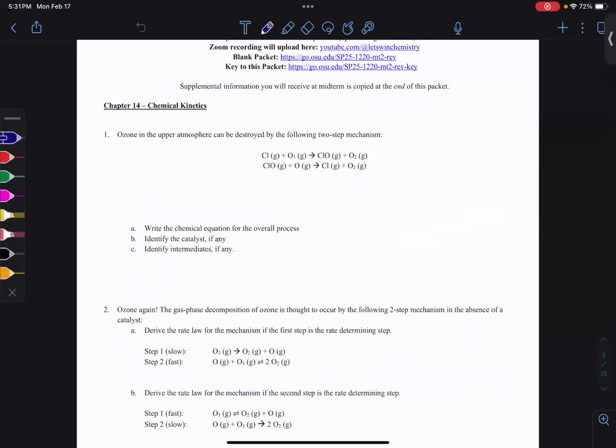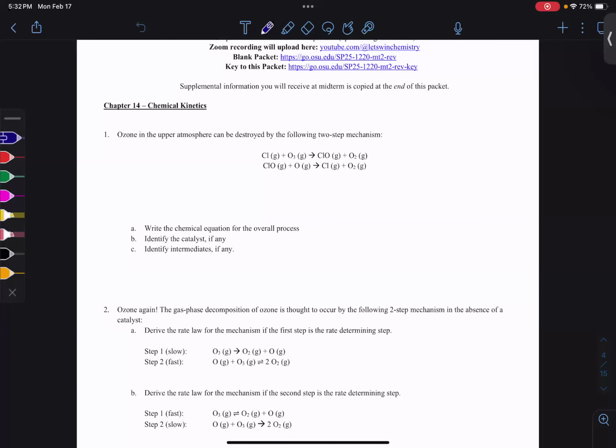Okay, all right. So chapter 14, the only thing that will be assessed on midterm 2 is mechanisms and catalysis. So mechanisms is the last way to get a rate law, and what a mechanism is built upon is the idea that this is kind of like our guess at how the atoms and particles are interacting and colliding with one another in space to yield a net chemical reaction.